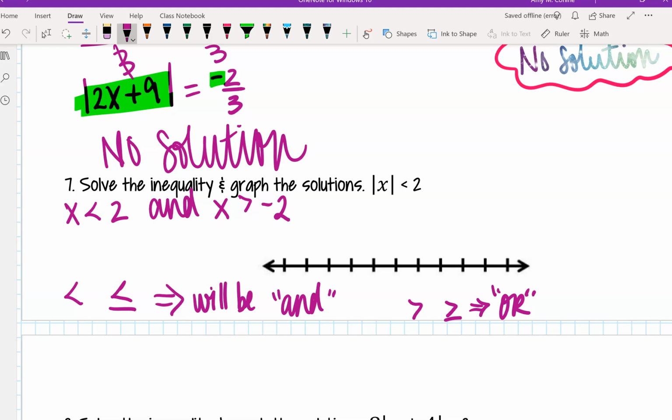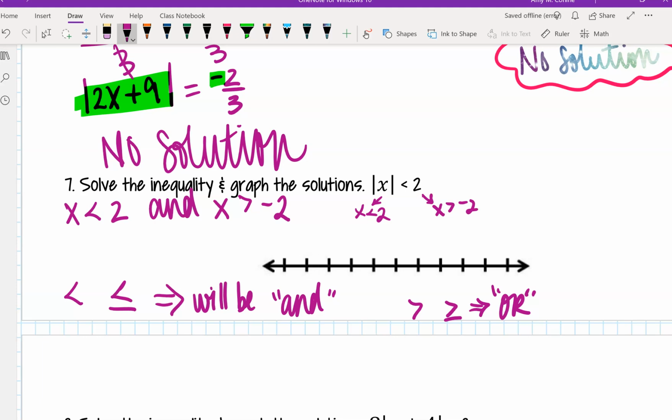So if that's helpful for when you need to know if you have an and or an or. Regardless, when you go to split it up like we did with the equations, one of them will be what you started with, and then you can solve from there if you need to. And the other one will be the opposite inequality. So if you have less than, you now have greater than, and then the opposite number on the other side.